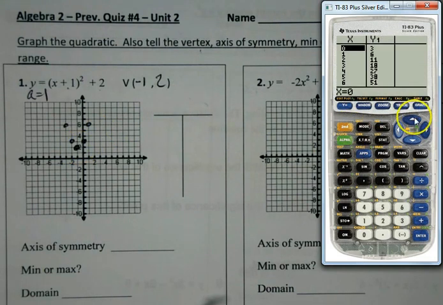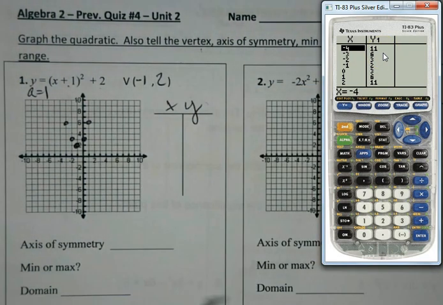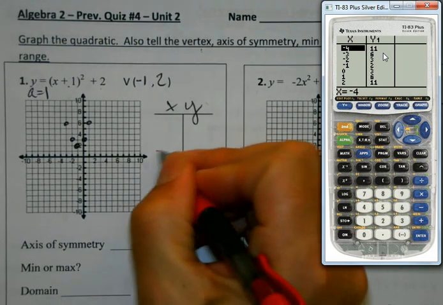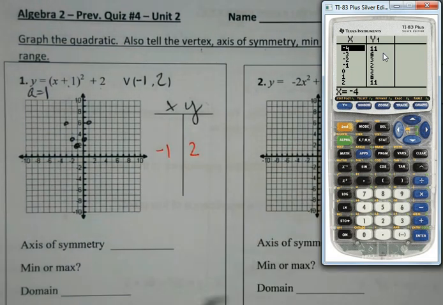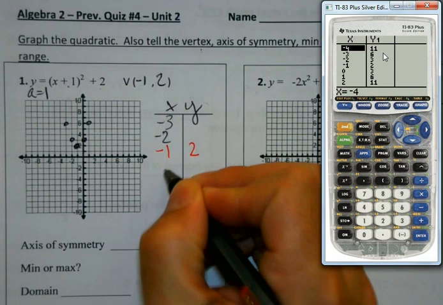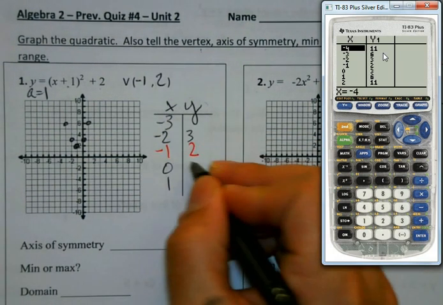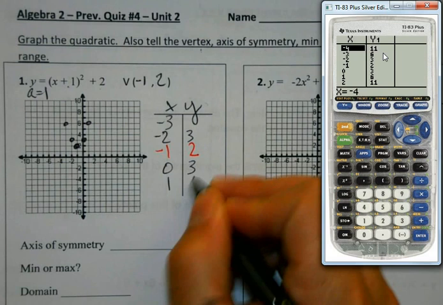So I go second graph to my chart, and I get my vertex in the middle. Why the vertex in the middle? I see symmetry. I see the same thing on the top and bottom. Now, if you want to write those values into a chart, and I'll do this on one of them, you could put your vertex in the middle, and then again, take a couple of values above and below and just copy them from the chart on my calculator.